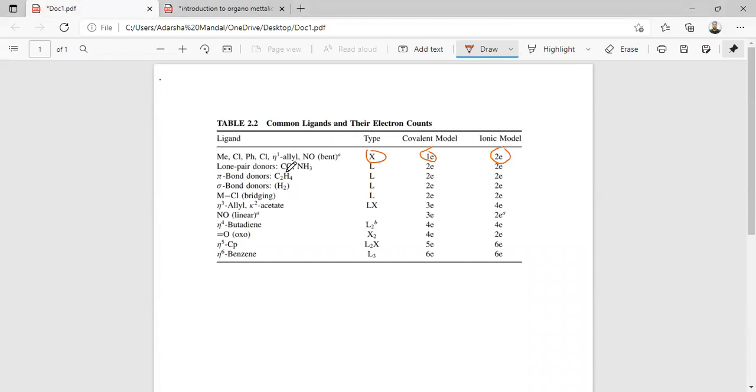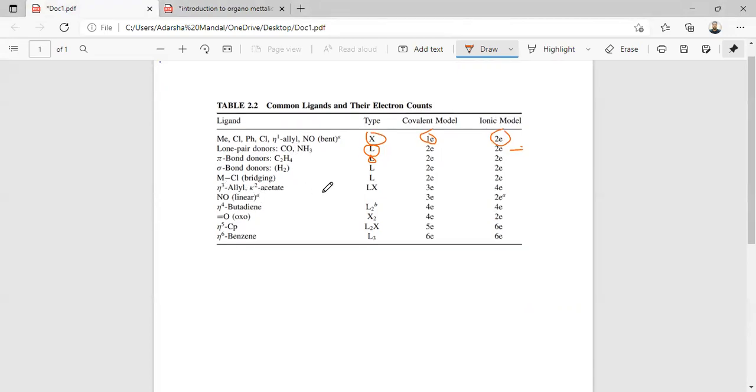CO and NH3 are electron neutral L type ligands; they will donate a total of 2 electrons in both the ionic and covalent methods. And C2H4 is a pi-donor ligand, also an L type ligand, so it will also donate 2 electrons in both the covalent and ionic methods.